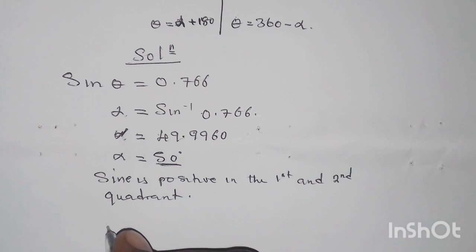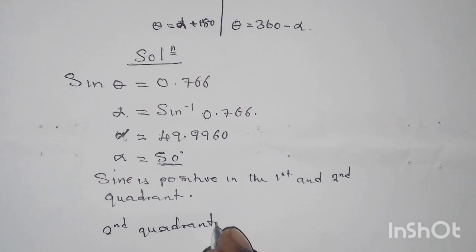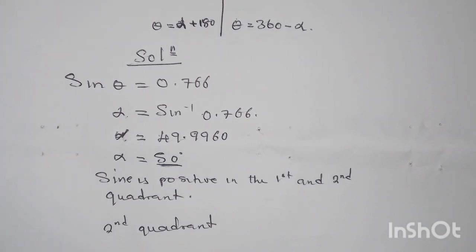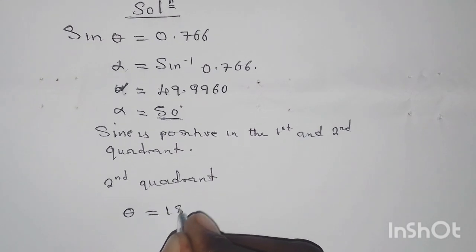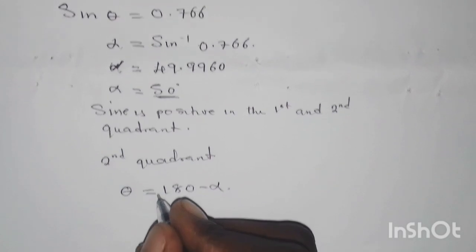Then in the second quadrant, the formula for theta is equal to 180 minus the reference angle.